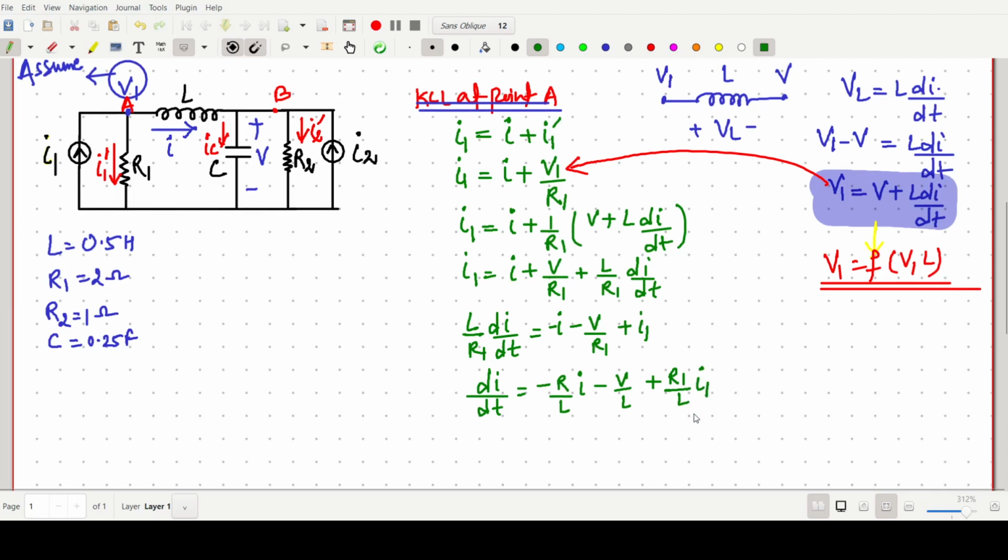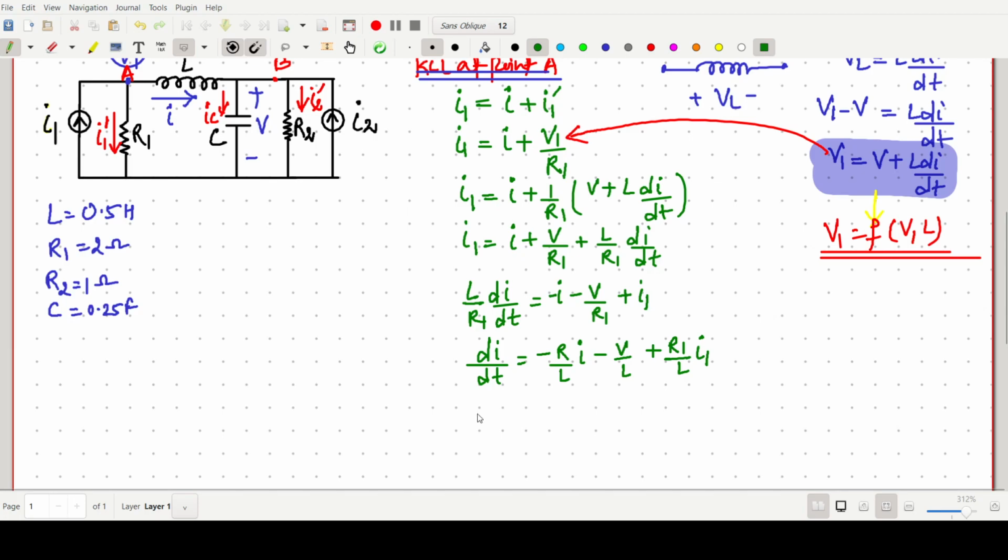So again, I am writing in a more general way. I am just highlighting this one. This is one of the equations: di/dt, the inductor current I, equals minus R by L I minus V by L plus R1 by L into I1.